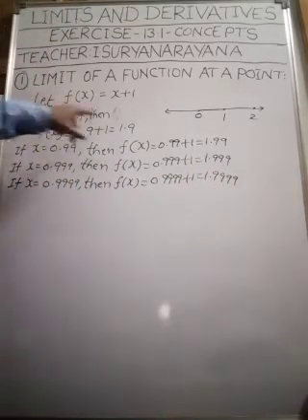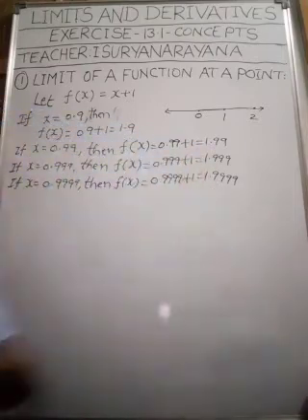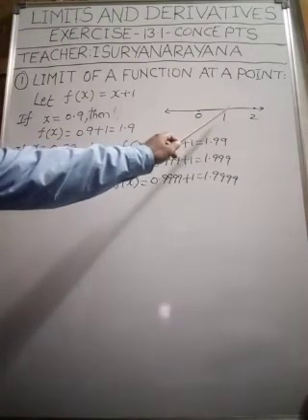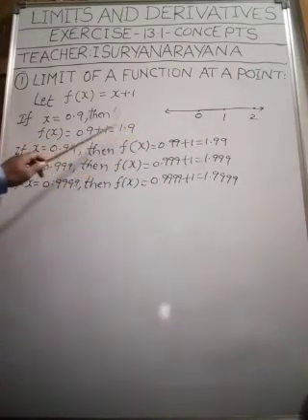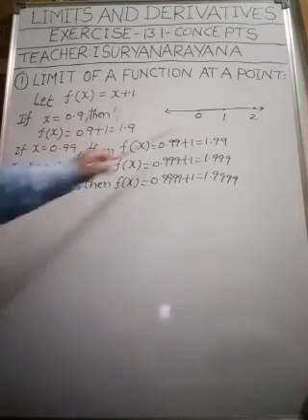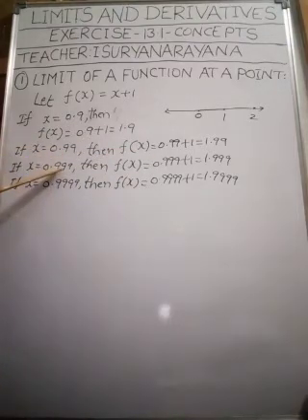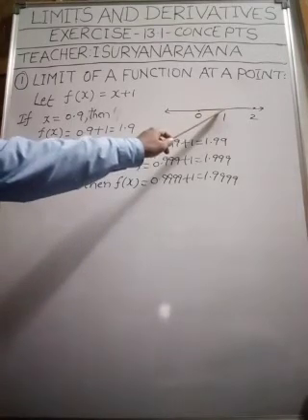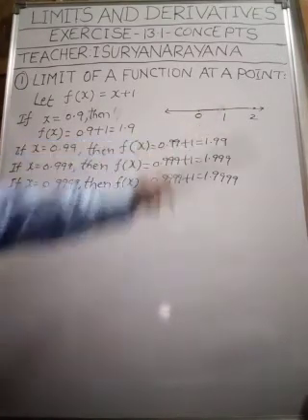Like this we get the values. Here I took the values of x very near to 1 from left. All these numbers, 0.9, 0.99, 0.999, 0.9999, are values from the left of the number 1.